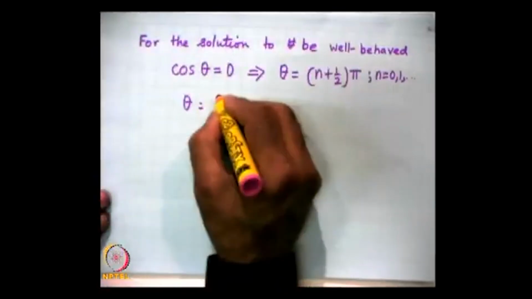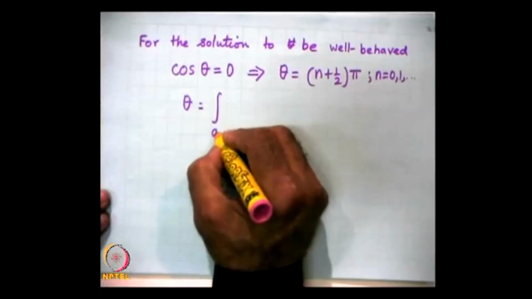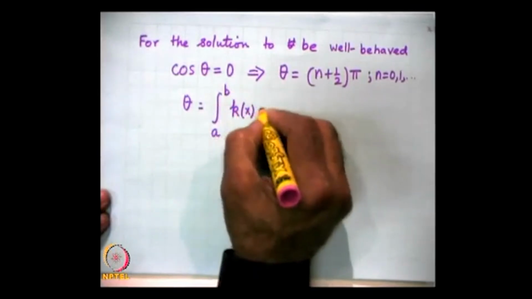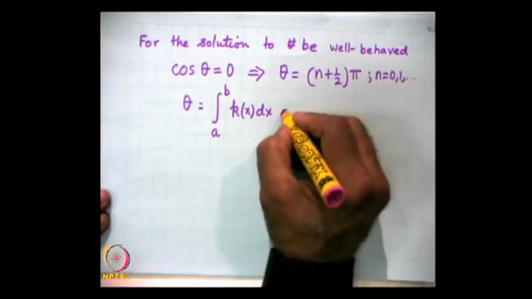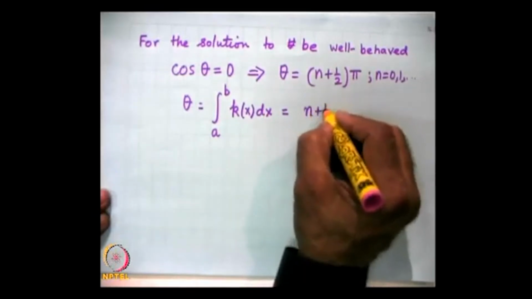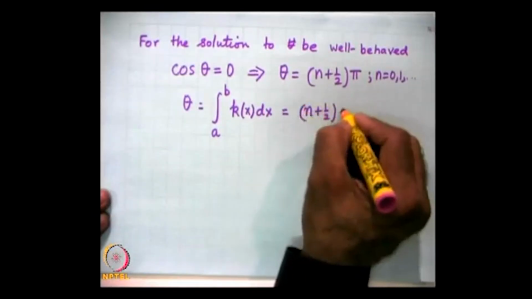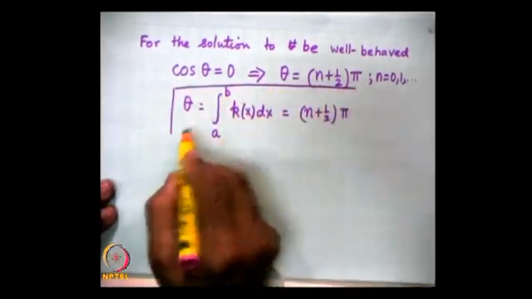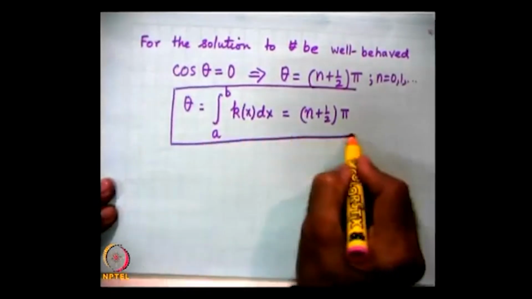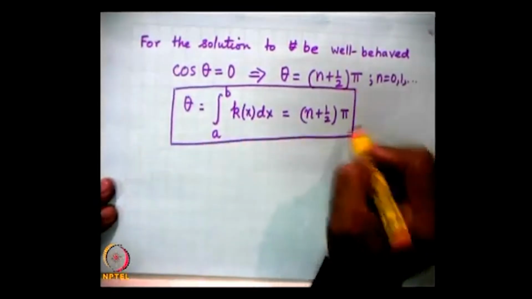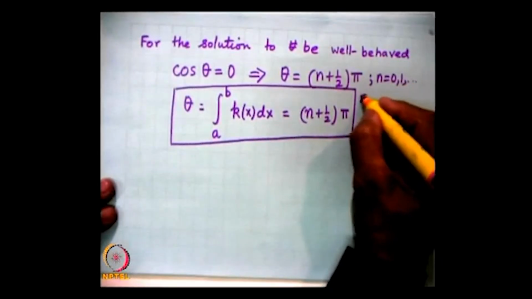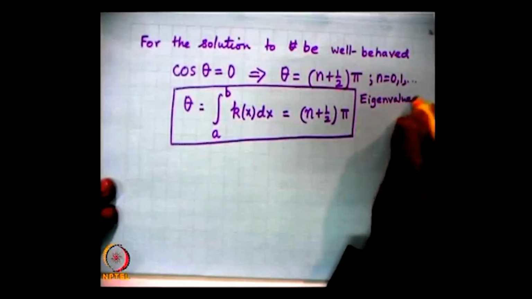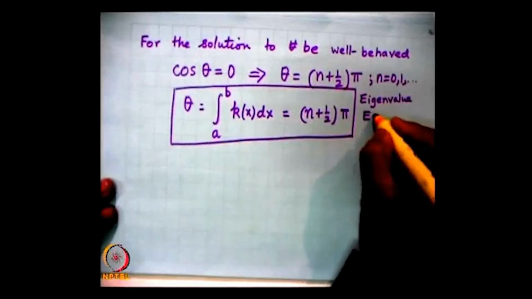So, theta is equal to the integral from the two turning points a to b of k(x) dx, which must be equal to n plus half times pi. This is a very important result that we have derived. This is the eigenvalue equation, the equation which determines the eigenvalues of the problem.